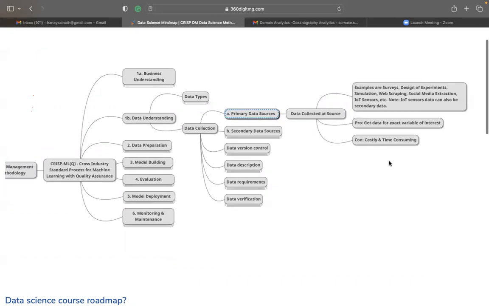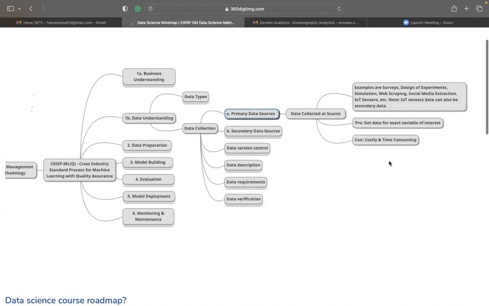You can see in the data, primary data source: data collected at the source. So to get the exact variables, it is costly and time consuming.